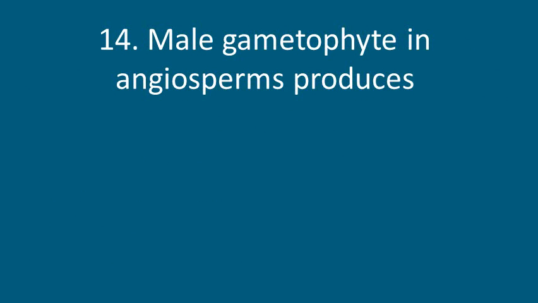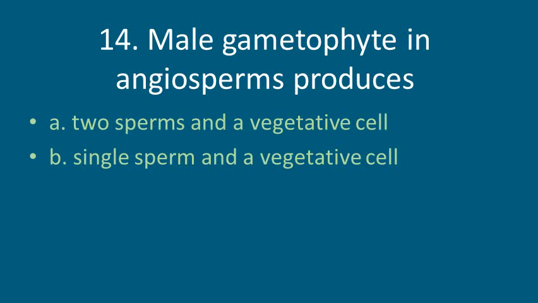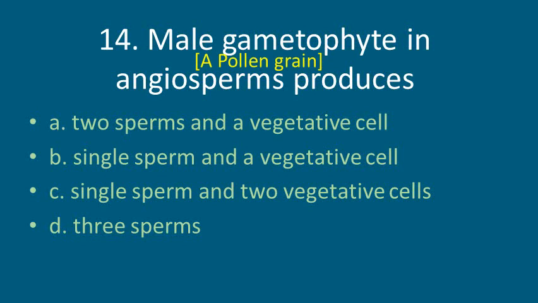Question number 14. Male gametophyte in angiosperms produces option A, two sperms and a vegetative cell, option B, single sperm and a vegetative cell, option C, single sperm and two vegetative cells, and option D, three sperms. The male gametophyte is another name for the pollen grain.